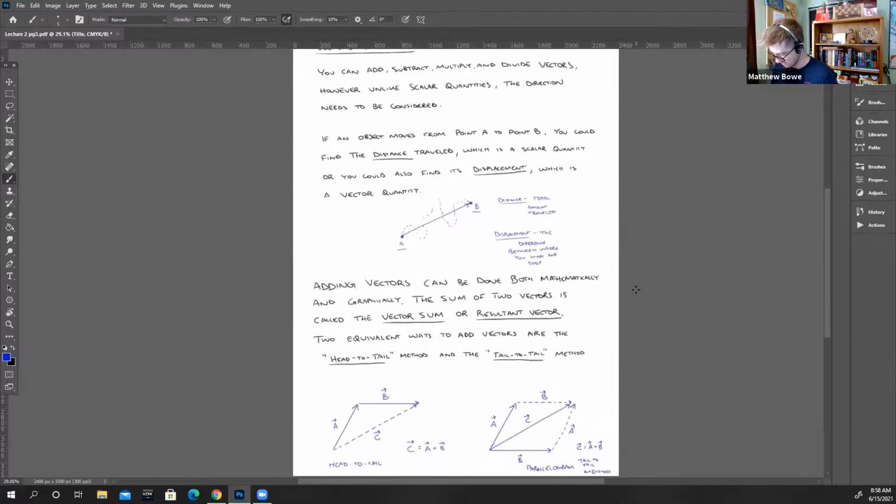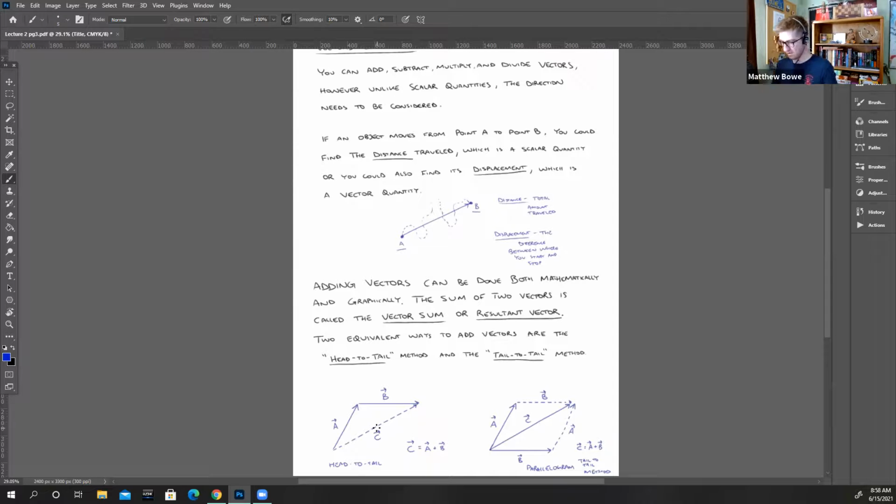Okay, so we have this way of positioning these vectors. The vector is always going to be pointing in that specific direction. We have these ways of adding them together and finding the resultant vector. How do we find these values?